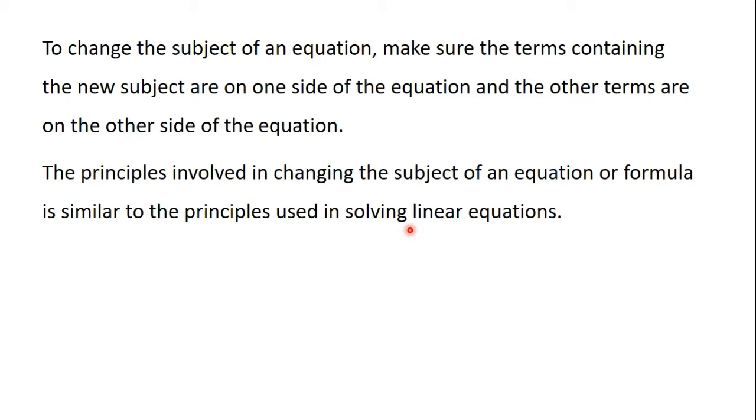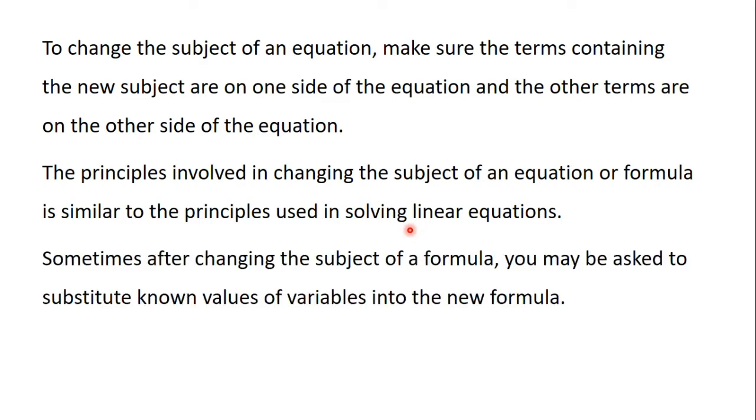So if you want to really understand change of subjects, I suggest that you watch the videos on solving linear equations. If you watch those videos, you are going to understand change of subject very, very well. So I recommend that you watch the video on introduction to algebraic expressions. You also watch the video on linear equations and make sure that you understand them before you watch these videos on change of subjects.